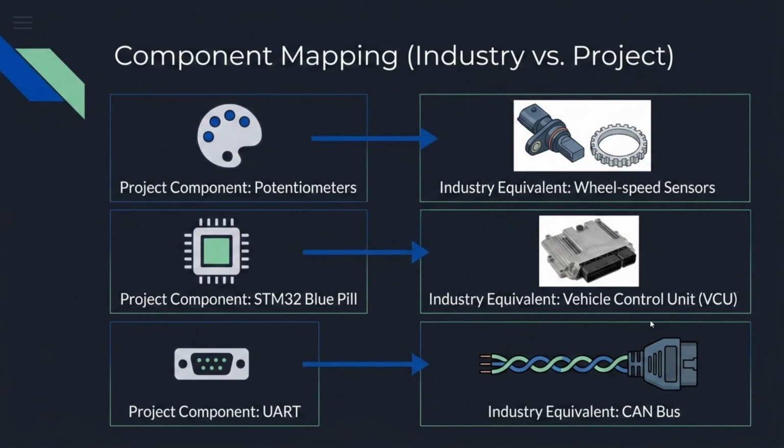The STM32 Blue Pill acts as the vehicle control unit, or the VCU, because it performs all processing and decision making. UART communication replaces the automotive CAN bus used in real vehicles. While UART is much simpler, it demonstrates the same concept of transferring sensor data between systems. This allows the project to closely resemble an industrial electric vehicle architecture while remaining affordable and practical.